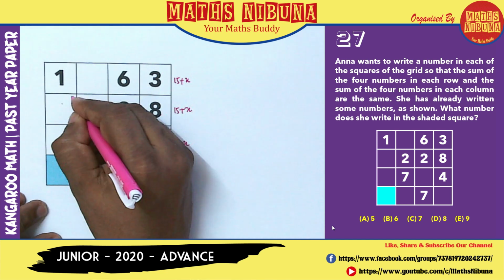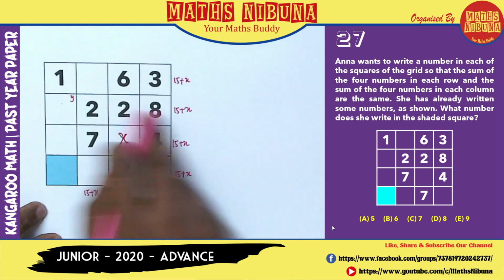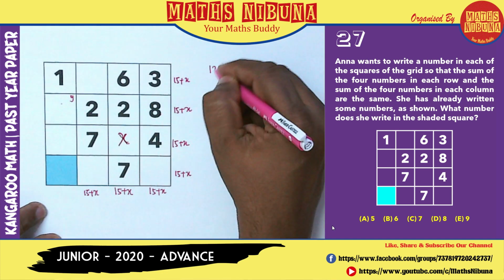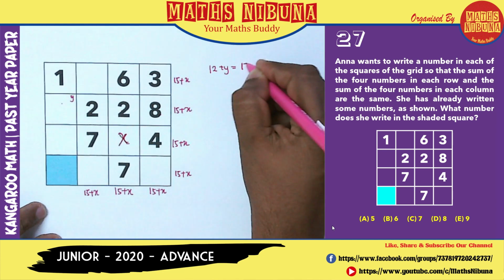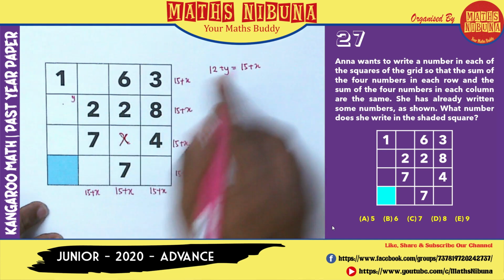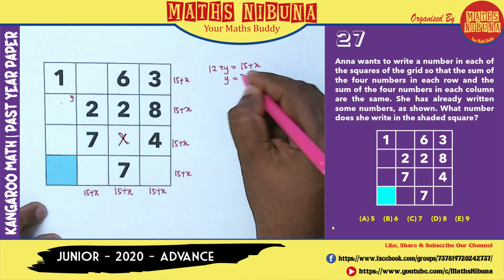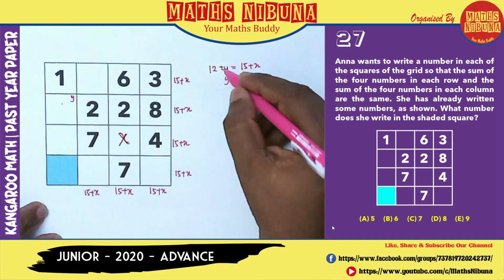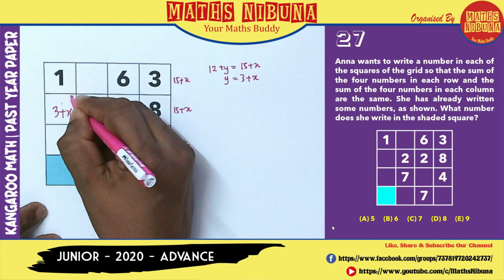This one we don't know, let's say this is y. So 2 plus 2 plus 8 plus y: 2 plus 2 is 4, plus 8 is 12, plus y is equal to 15 plus x. So what is y? 12 I bring to the other side, it becomes 3 plus x.